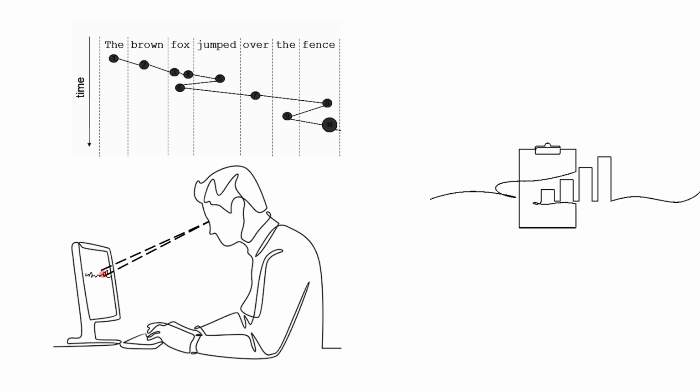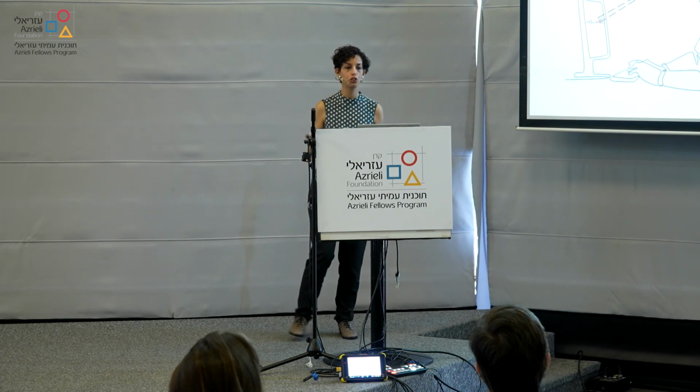We can calculate exactly how much extra time people take to read words that are surprising versus words that are predictable. And we can compare the cost of surprise across sentences of similar and different structural properties.